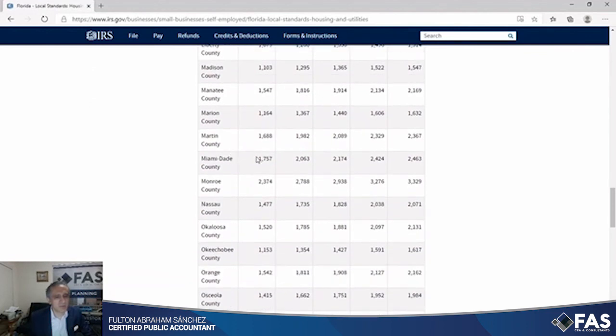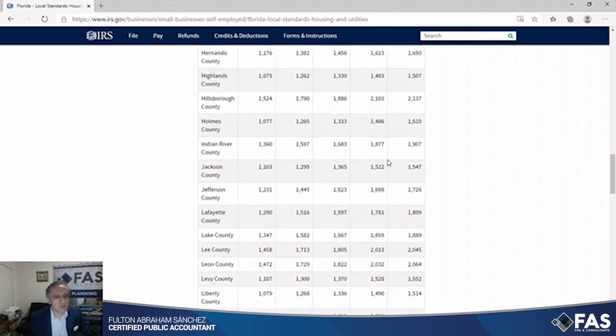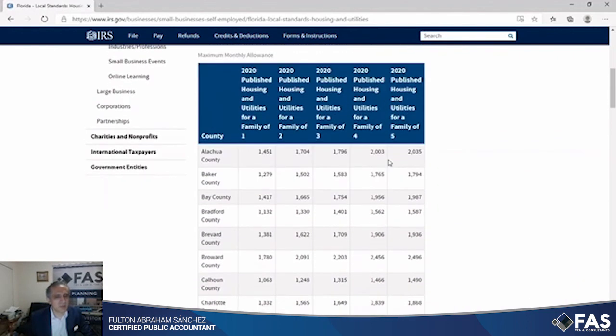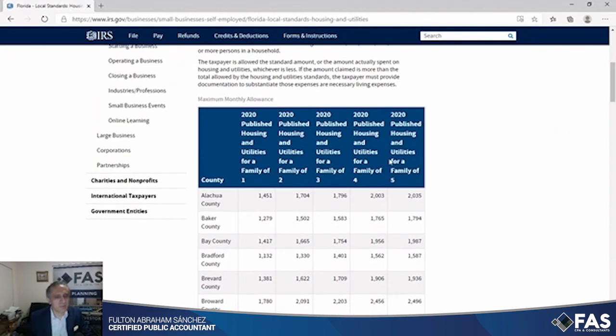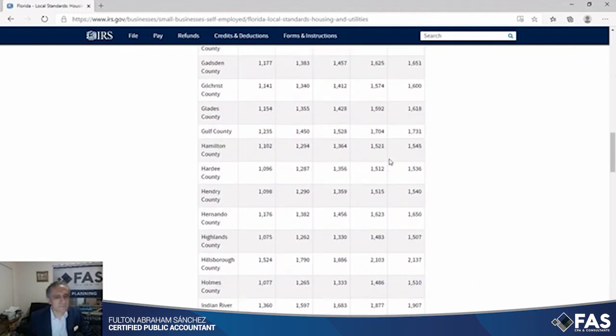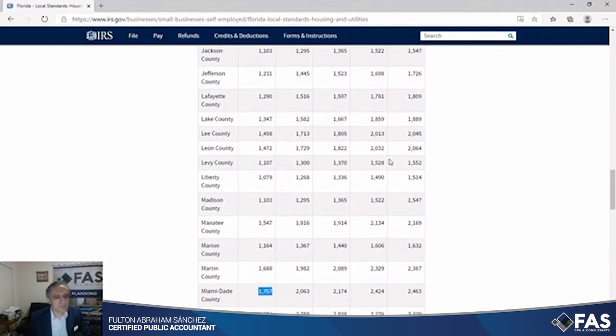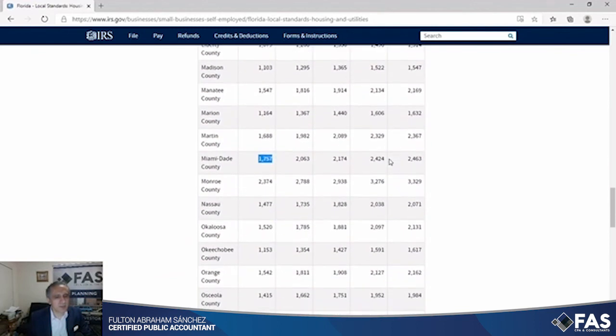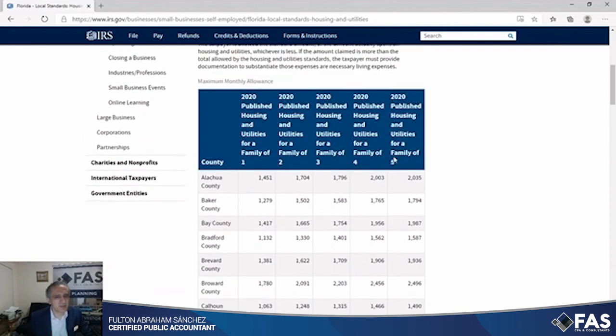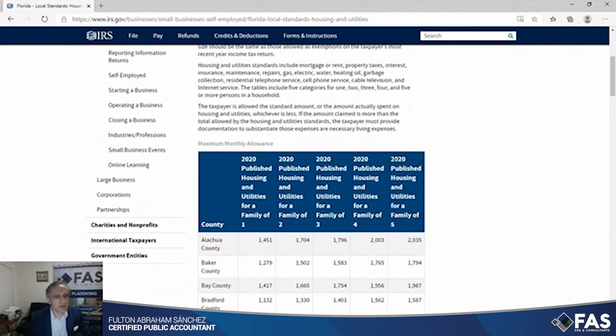Miami-Dade County is 1,757. This I have to copy. This is utilities for a family of 1. Miami-Dade 1,757, but this is the maximum monthly allowance for housing and utilities for a family of 1.